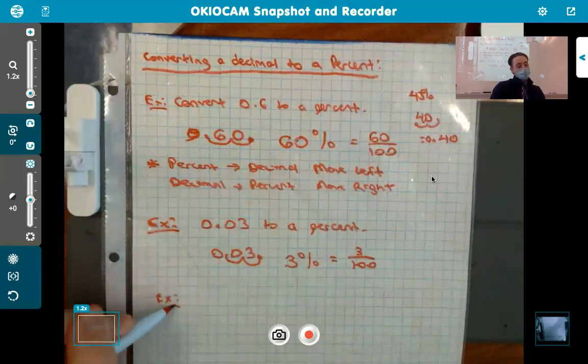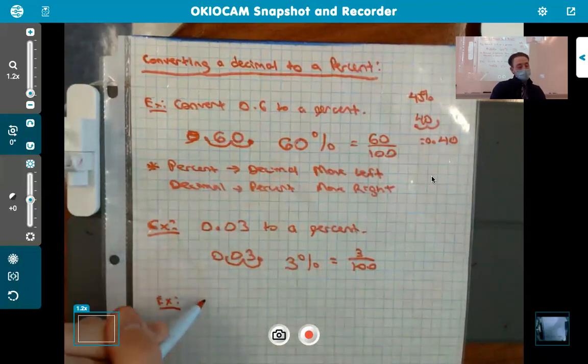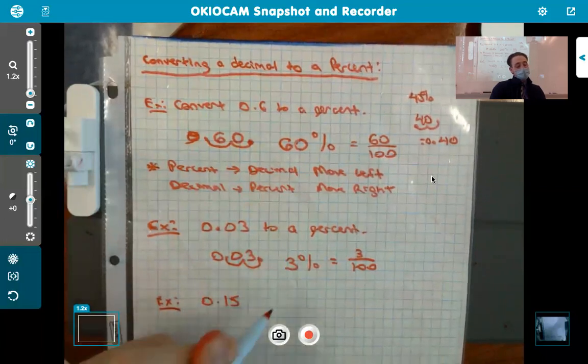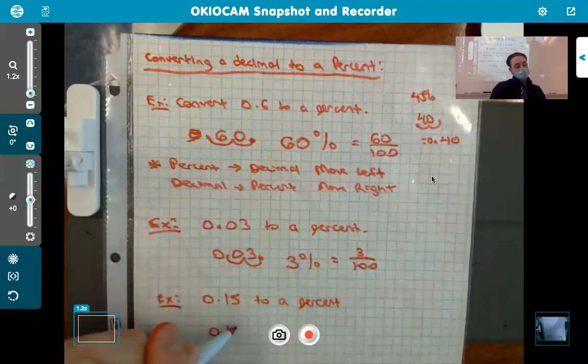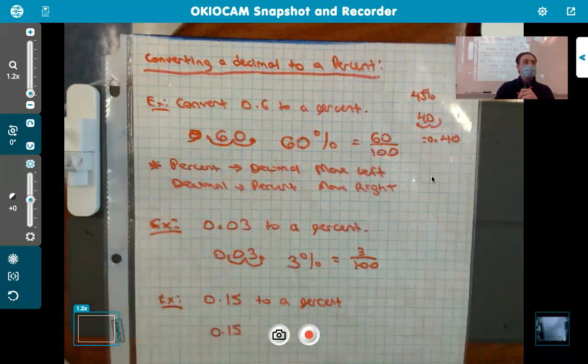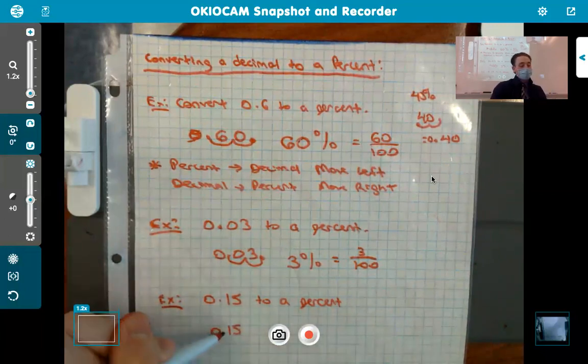Let's take a look at one more. 0.15. We're going to convert that to a percent. What's the first thing that I need to do? Move the decimal. Where am I moving it? To the right, how many times? 2.